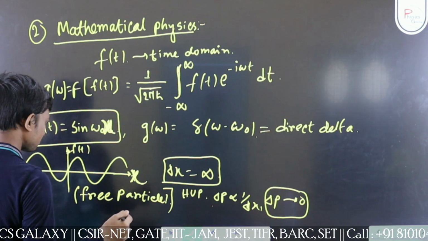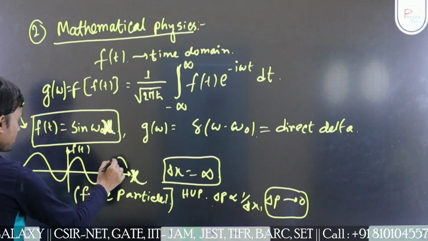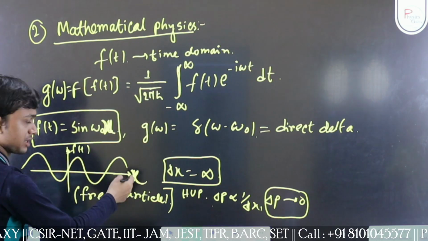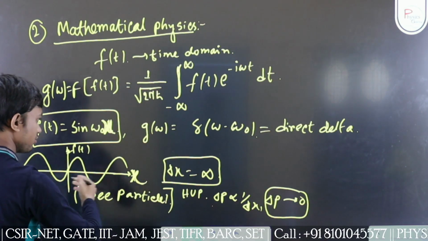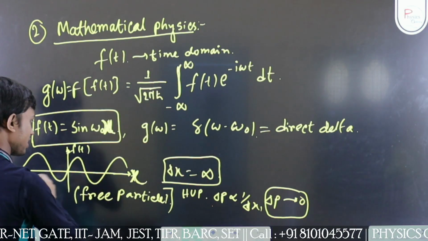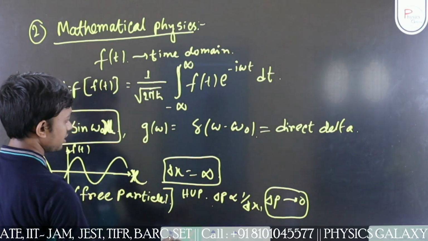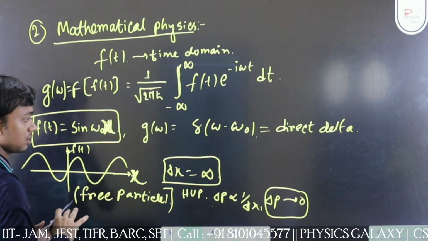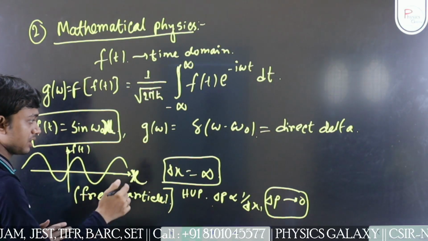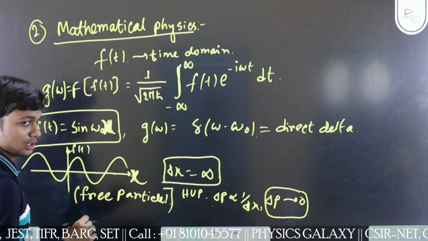Here the position of the particle is not fixed. It exists all over the space from minus infinity to infinity, but the momentum uncertainty is 0, which means it has a sharp value in the momentum.